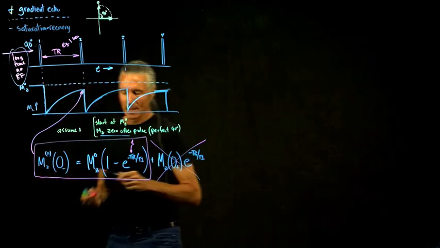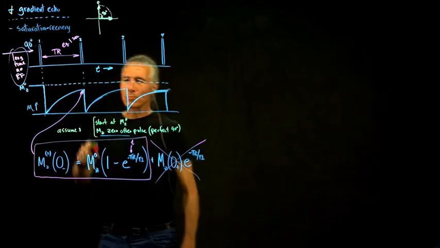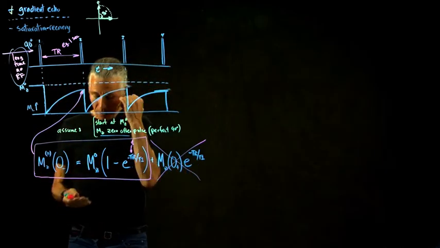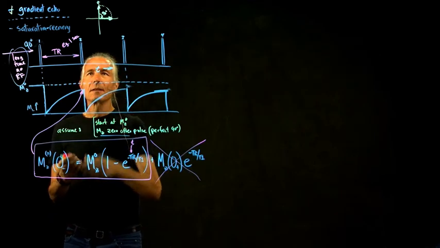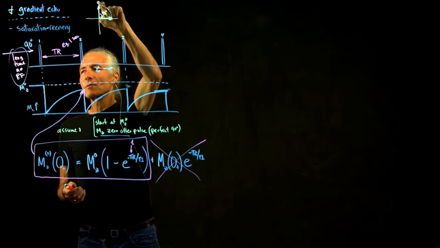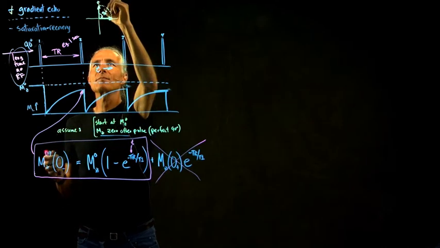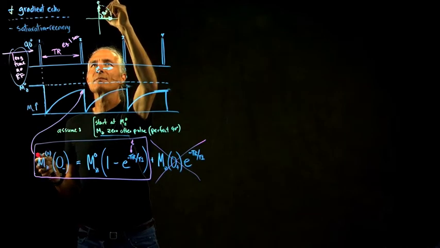That's our end result. Now, notice what happens right after the pulse. What we've done is we've taken the amount of longitudinal magnetization that we had. It was a little less than Mz0. If this was Mz0, it was a little less than Mz0.